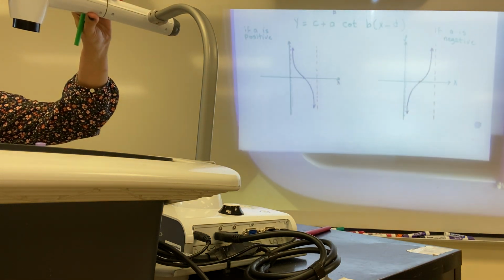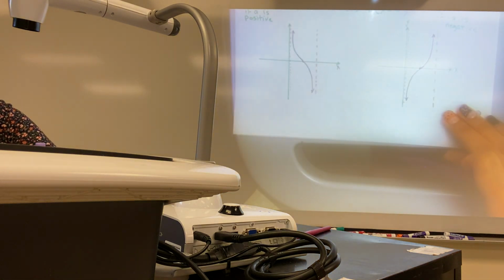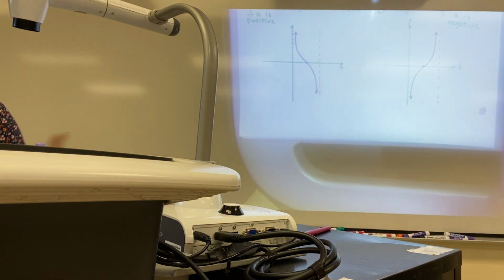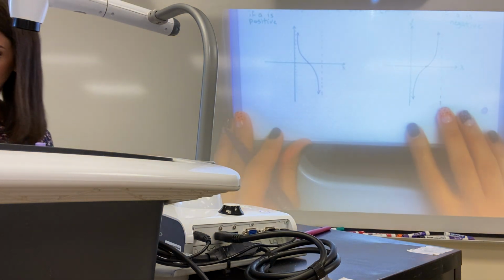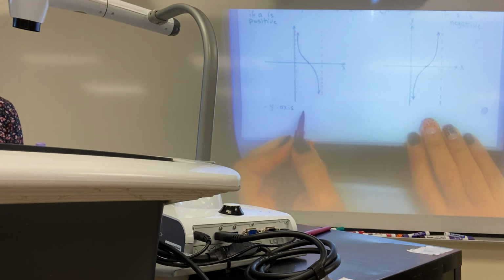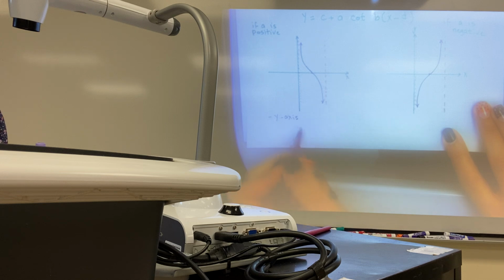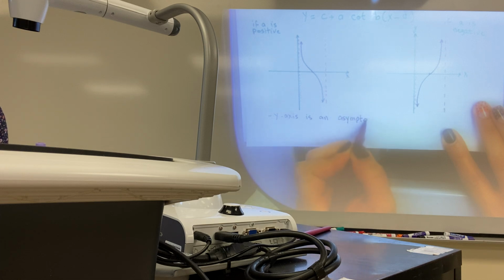Then we want to say about the cotangent graph, as you notice, the y-axis is the vertical asymptote. And it extends 2 steps either way.